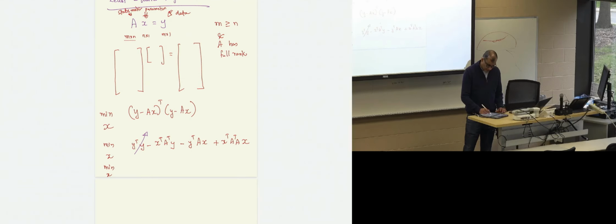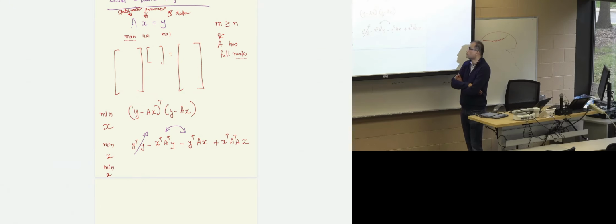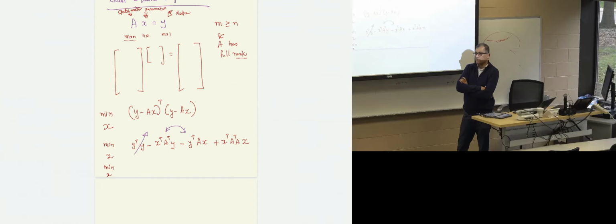And what can you say about these two terms? They're transposes of each other. Can you say something else?